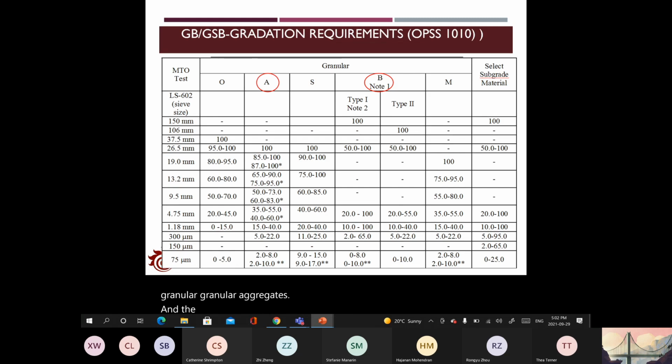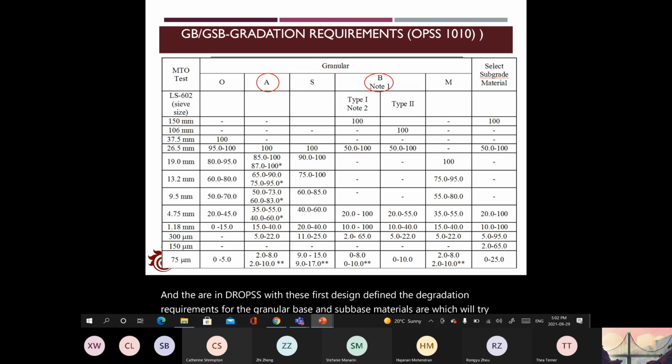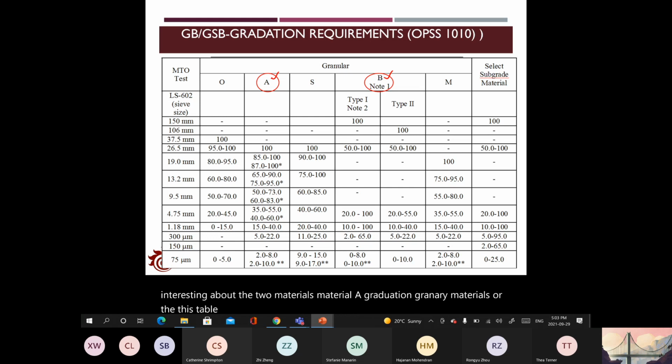In the OPSS, they first define the gradation requirements for the granular base and sub-base materials, which identify the grain size distributions of the material. We are especially interested in two materials, Granular A and Granular B. This table shows the requirements for the percentage of different particle sizes.